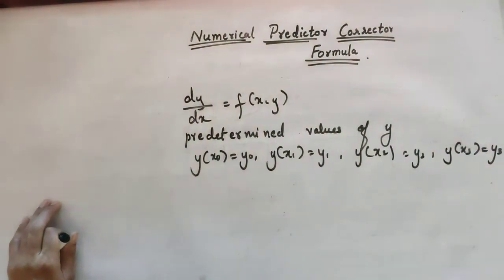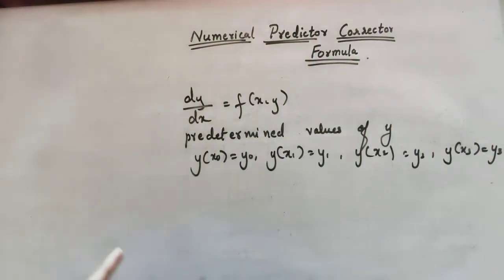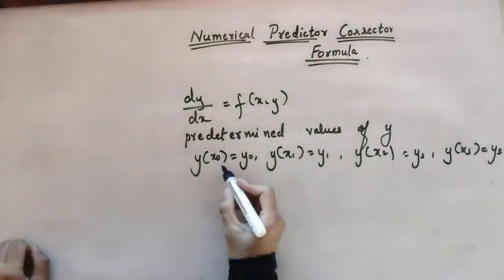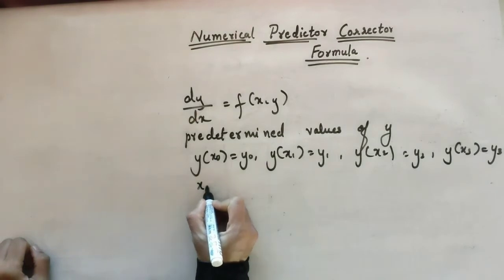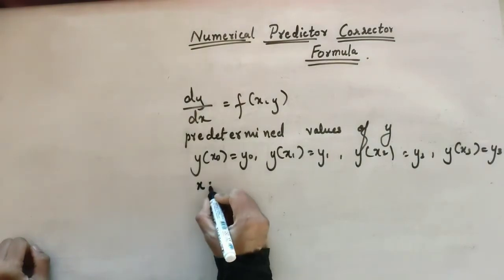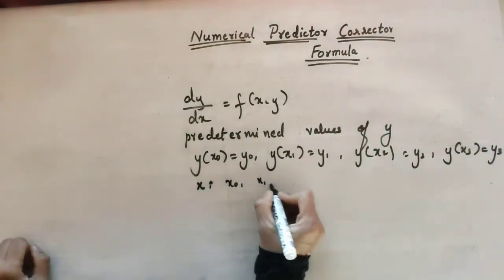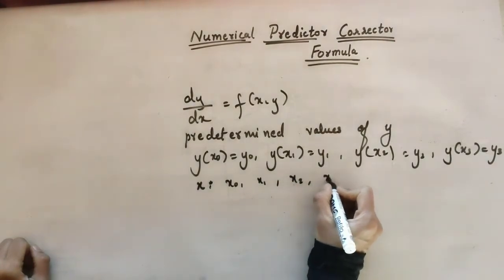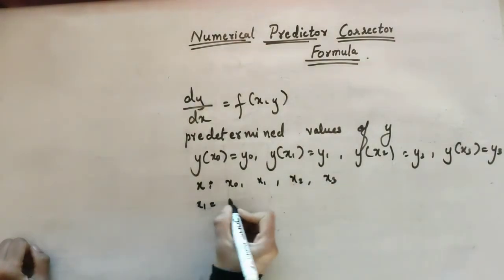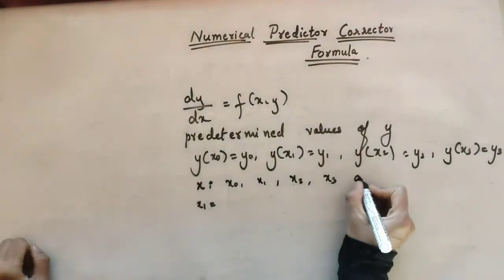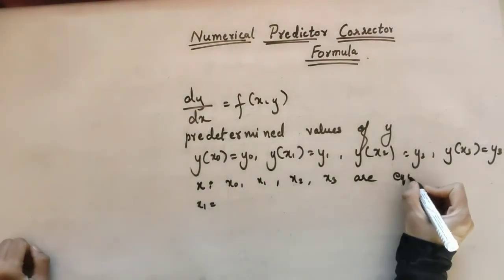These are a set of 4 predetermined values of y at these values of x. And how are these values of x? The x values are equidistant. All these 4 values, x0, x1, x2, x3, are equally distant.